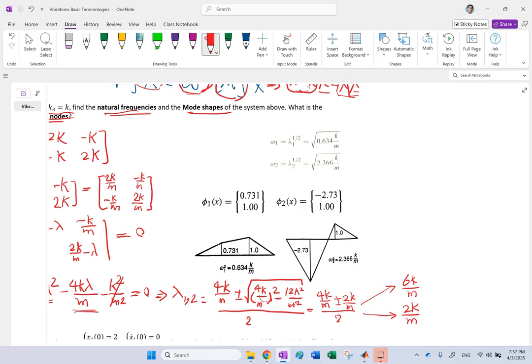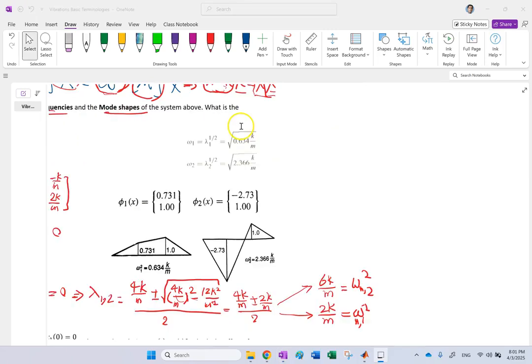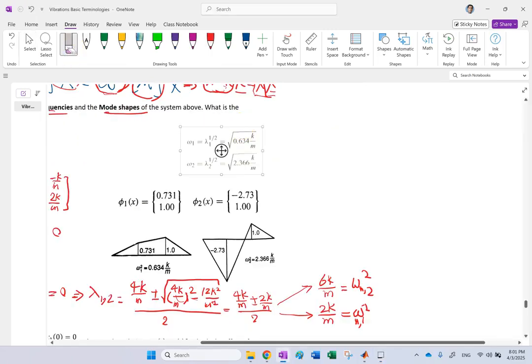Okay, so these are your lambdas, but remember, lambdas are the square of the natural frequencies. So this guy is omega n1 squared. This is natural frequency omega n2 squared. Okay, so if you take a square root of... and actually I made a small mistake here.